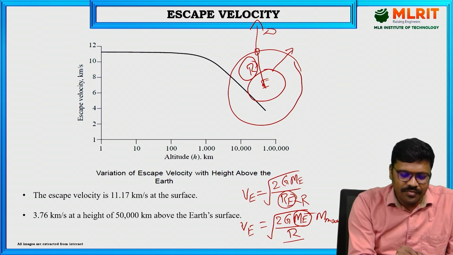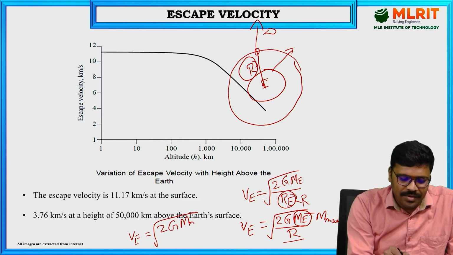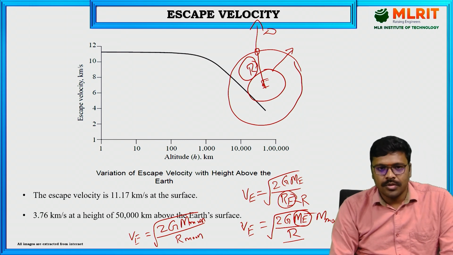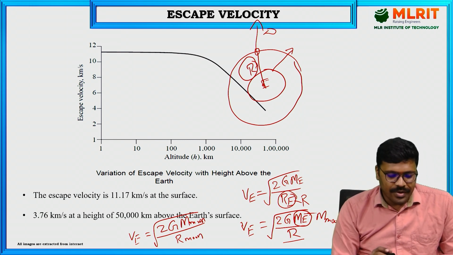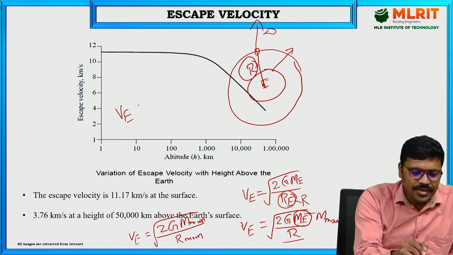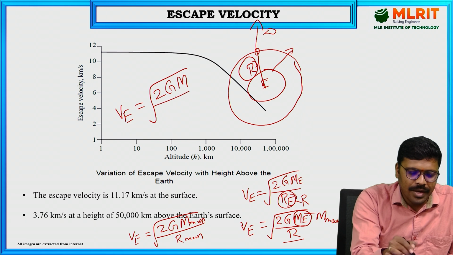Then this equation will become VE is equal to under root 2 into capital G into mass of the moon divided by radius of the moon. If you carefully observe, the equation which we have is VE is equal to under root 2 capital G m by r.